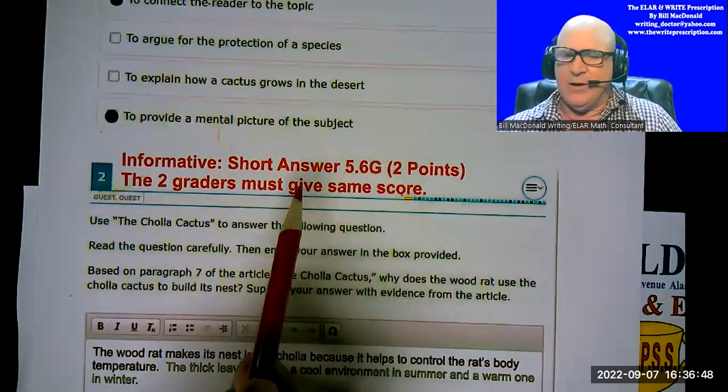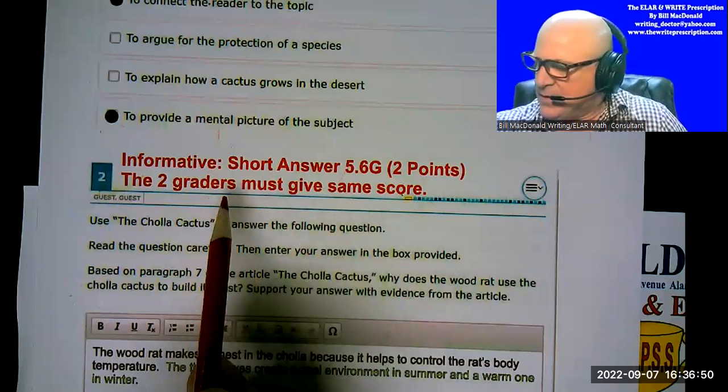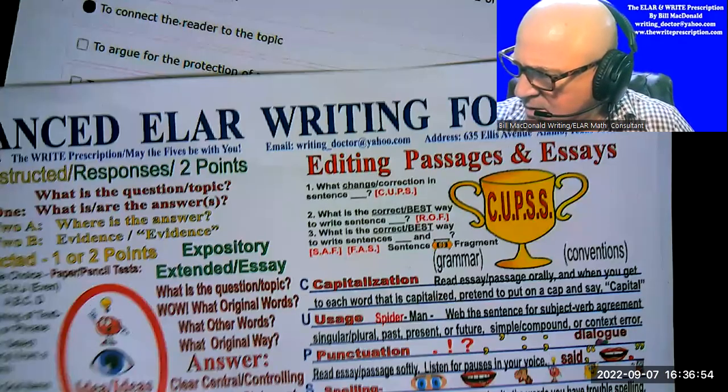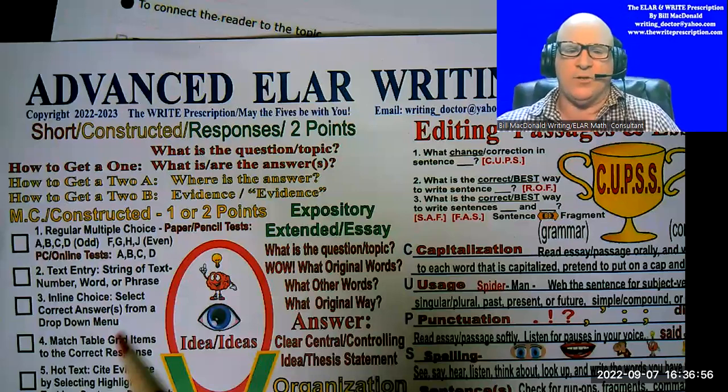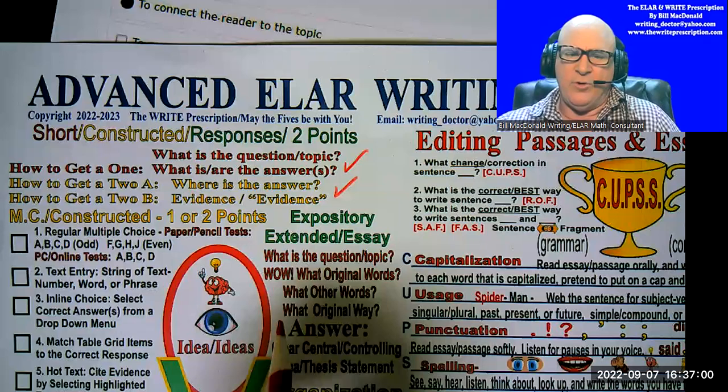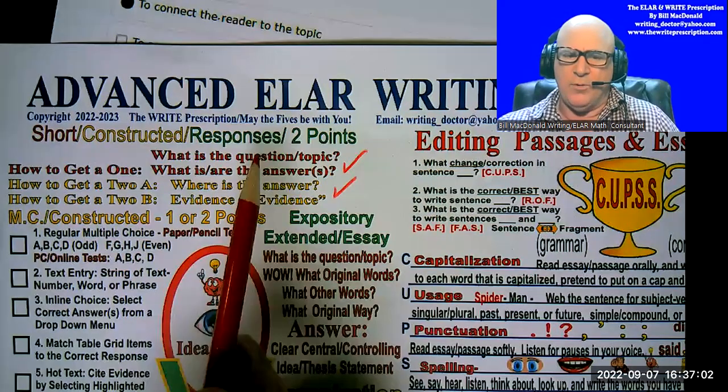So when you look at my folder, where's that? That's up here. So we're going to go ahead and place our first two check marks up here, because on short answer, if you give me the answer, you get a point.